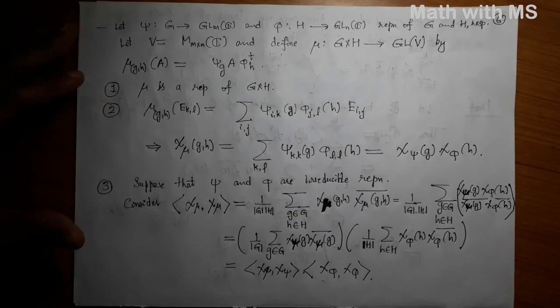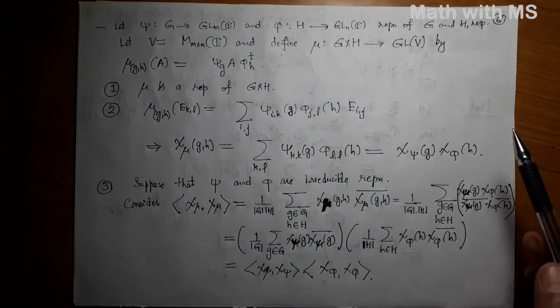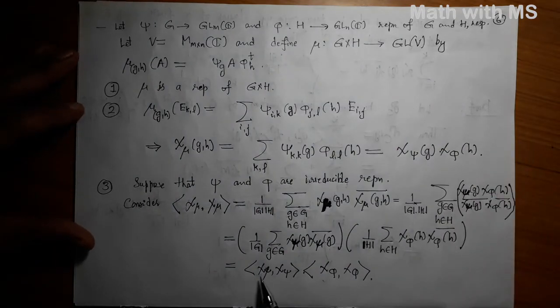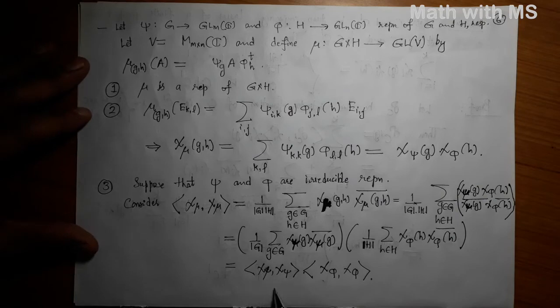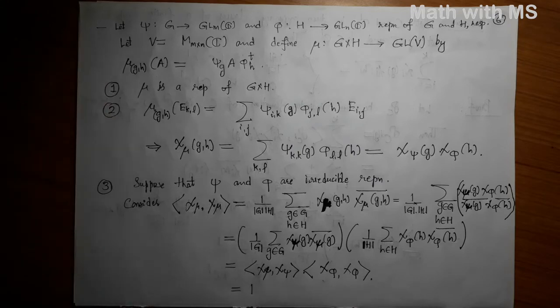All right, and now if the representations psi and phi are given to be irreducible, then the inner product of their character chi_psi with itself is 1, and similarly the inner product of chi_phi with itself is 1. So therefore this turns out to be 1, and therefore the representation mu is also irreducible.